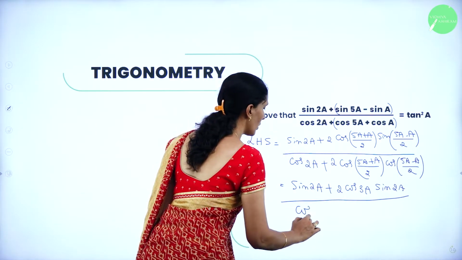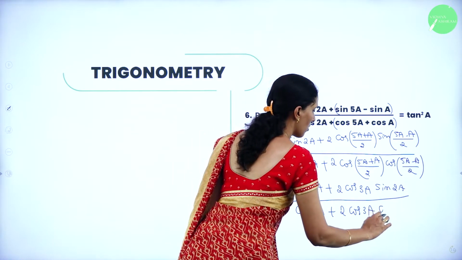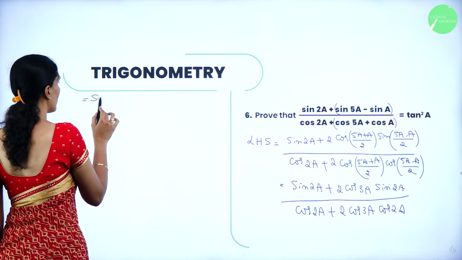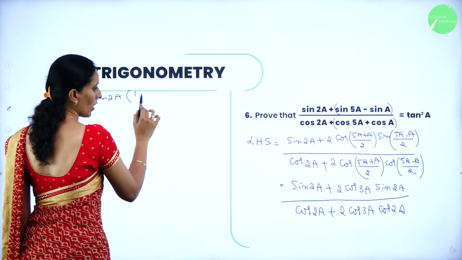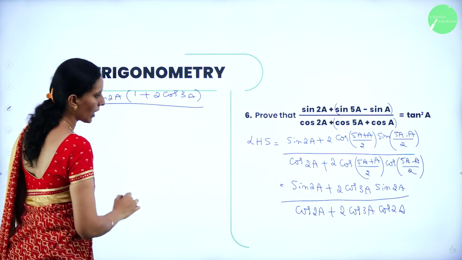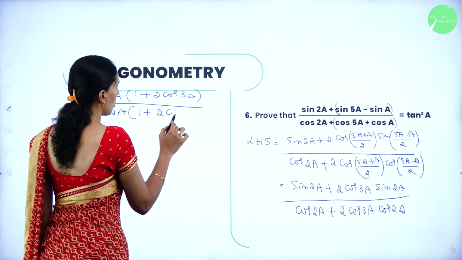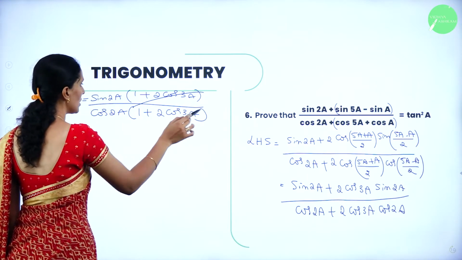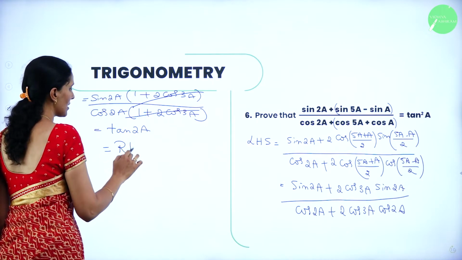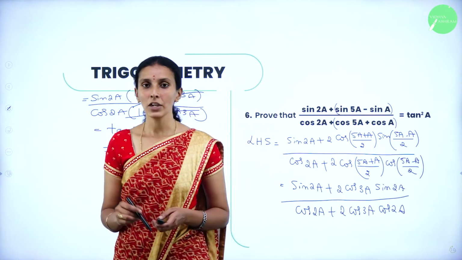Next you have cos 2a plus 2 cos 3a cos 2a. Here you can take sin 2a as common factor. So you are left with 1 plus 2 cos 3a whole divided by, here you can take cos 2a as common factor. So it is 1 plus 2 cos 3a. So therefore both the results cancel, that is equal to tan 2a, which is the right hand side. So here it is equal to tan 2a.